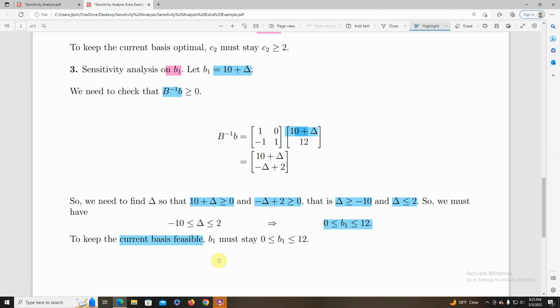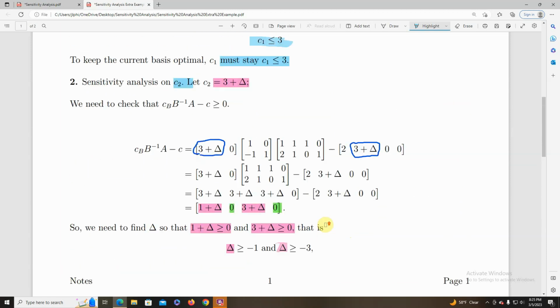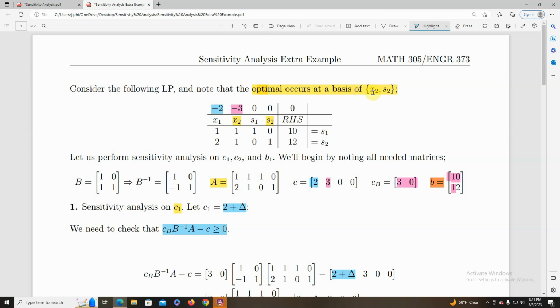So if I go beyond this, then that same basis will not be my optimal because it is not feasible. I have moved this constraint far enough so that I have chopped off this point that was optimal where I had x2 and slack 2 as the basis.